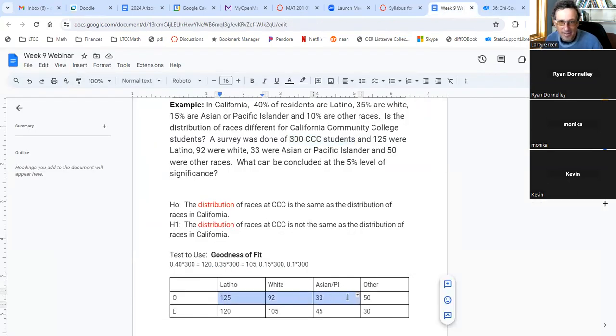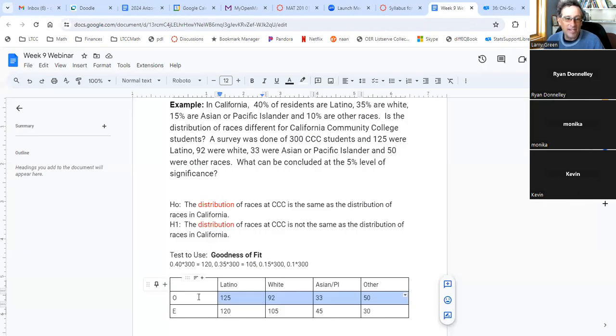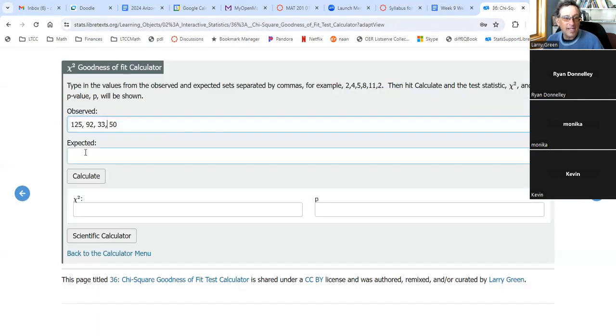I think it's easiest to just copy, paste, and put commas in. And then copy the second one. Paste that guy. And put commas in that one.